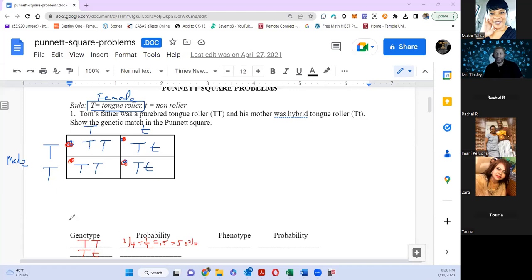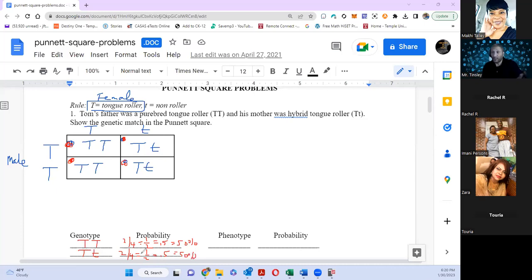Same thing for a dominant and a recessive. How many do you have? I have 2. How many total do you have? 4. So again, that's 1/2, or 0.5, or 50%.